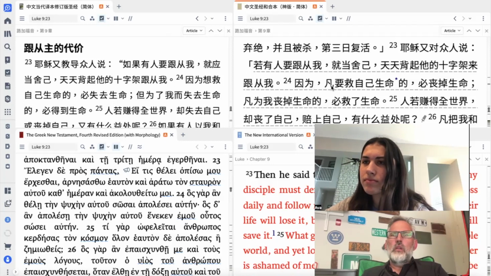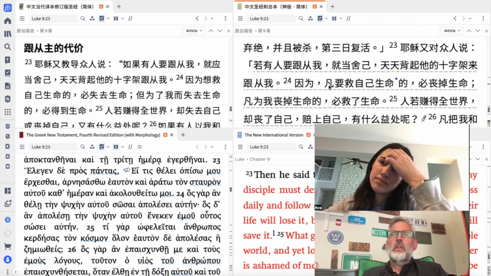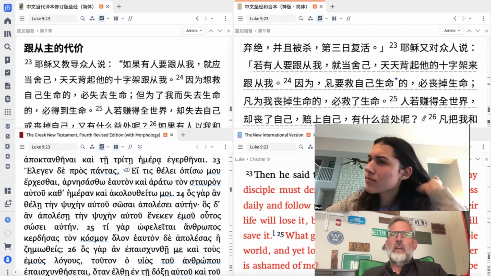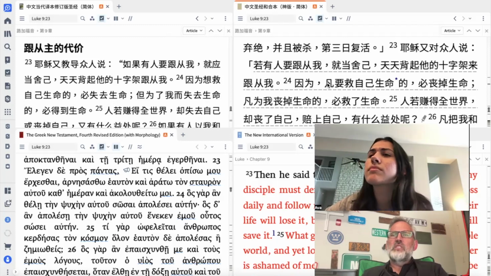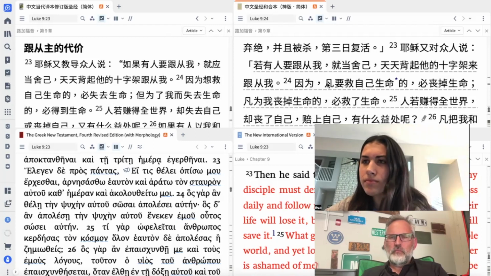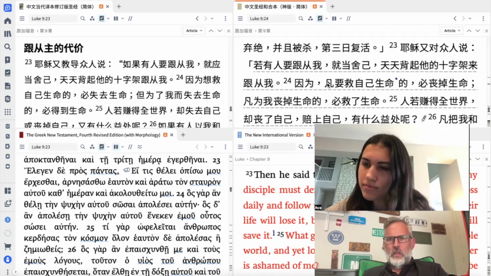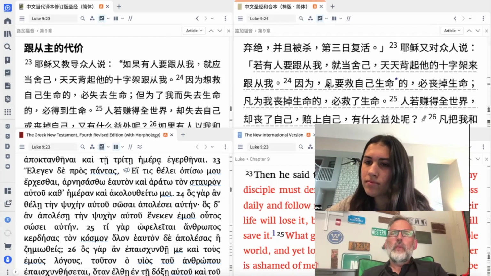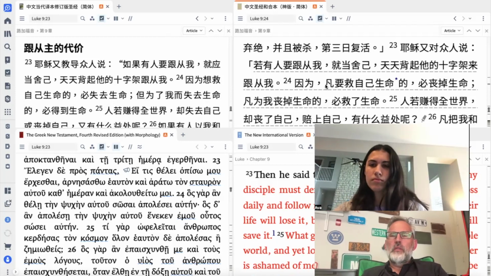Then instead of saying 因为想救, this one says 凡. This "fan" means all, and it's used a lot in the Bible. So if you're going to a Chinese church down the street here, they're going to use the 和合本, and to make it even worse, they're going to use complex characters. So that's why my brain hurts. 因为凡要救自己生命的.